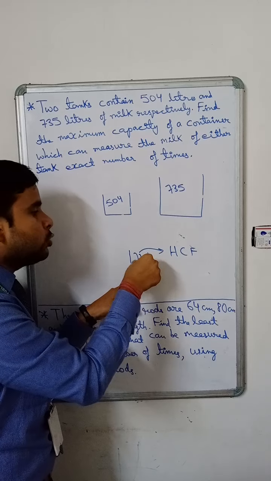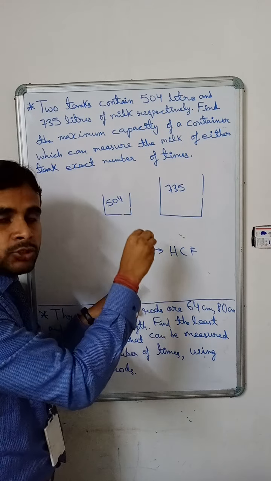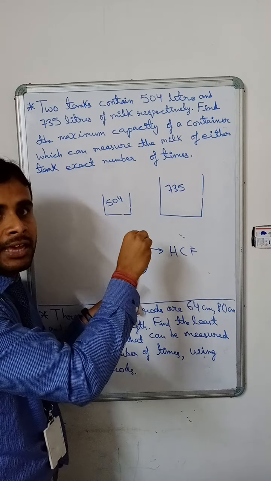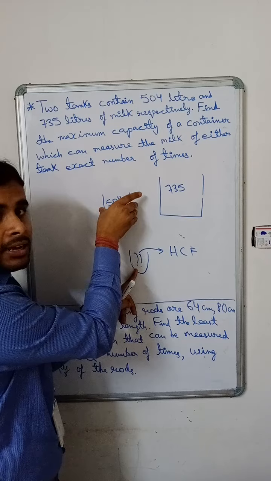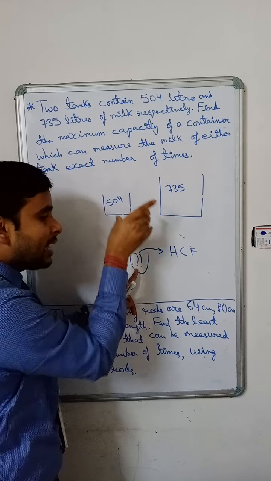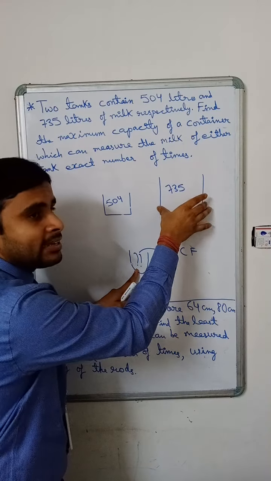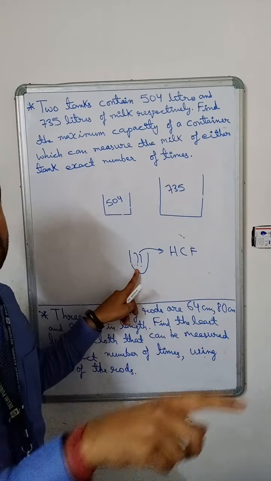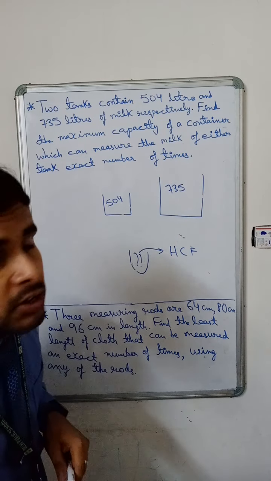Means if I use this container to measure the milk, there should be no milk left in the container, and the container should exactly measure the milk contained in the first tank, and that same container should measure the milk in the second tank exact number of times without leaving any milk in the container. So let us begin our sum.